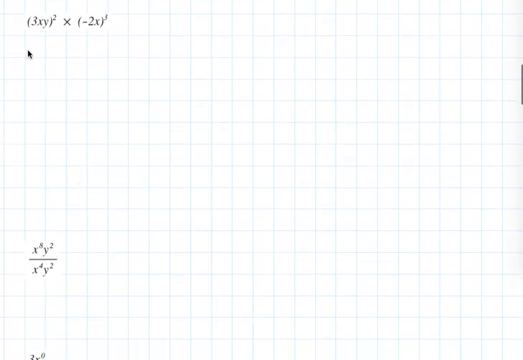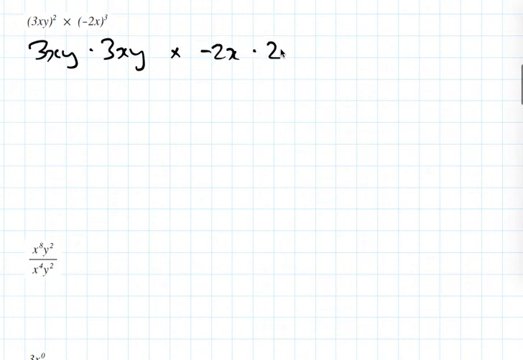Moving on, 3xy times 3xy times negative 2x times negative 2x.